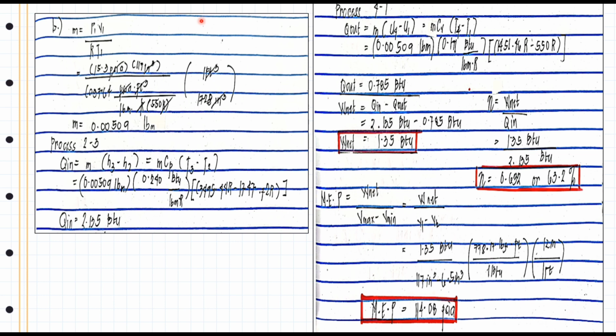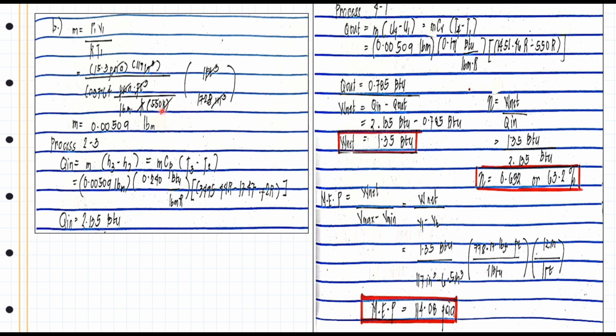So for B, the net work for a cycle is equivalent to the net heat transfer. But first, we will find the mass of the air. We are going to use this formula: m is equal to P1 times V1 over R times T1. After that, we substitute the given values: 15.3 psia times 117 cubic inches over 0.3764 psia times cubic feet per lbm Rankine times 550 Rankine.